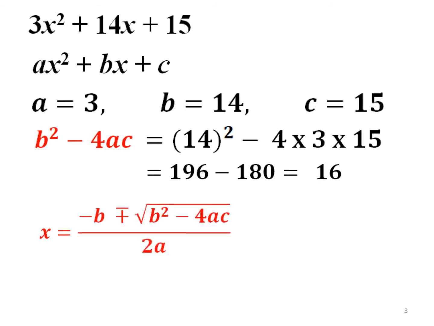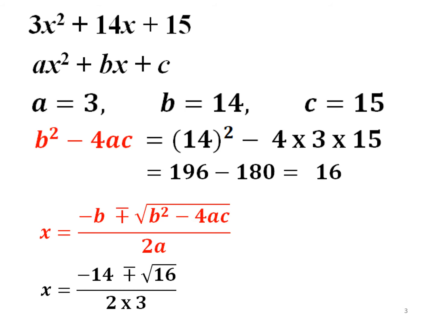Now we shall use the formula x is equal to minus b plus or minus under root b square minus 4ac upon 2a. On substituting, we get x is equal to minus 14 plus or minus under root 16 upon 2 into 3.